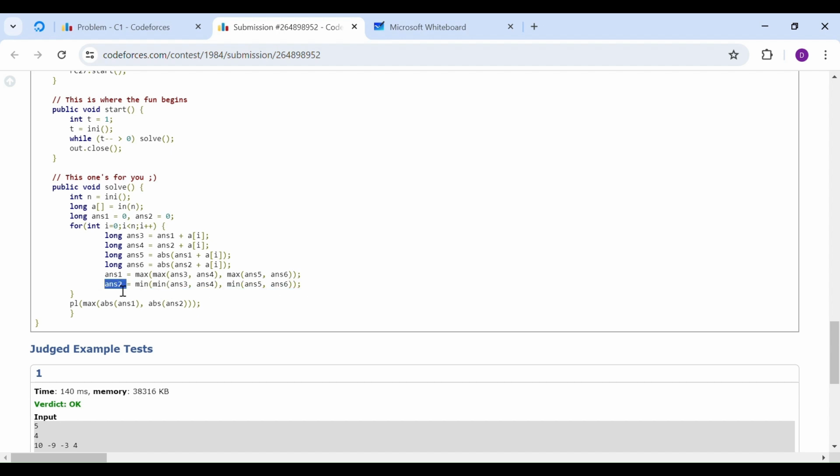So answer 2 will have my least negative number, sorry, my most negative number, and answer 1 will have the greatest positive number. So my theory is, for calculating the max answer, you will only need the least and maximum answers up to your ith case. Rest all cases you won't need.